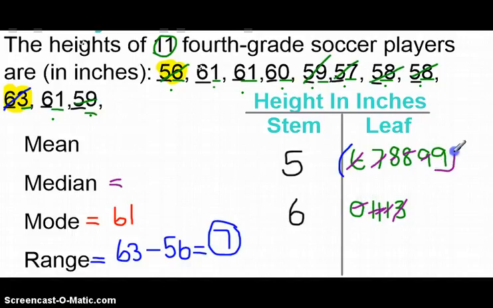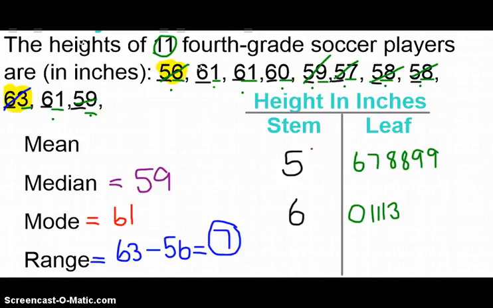We are left with this number right here, which becomes a 59. So our median is a 59. Remember, if the data set is an even amount of numbers, you're going to get 2 middle numbers. With those 2 middle numbers, you're going to have to find the mean or the average of both of them. But since this is an odd set of numbers, we could just get the middle number.